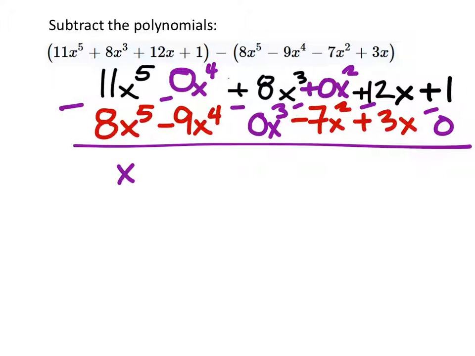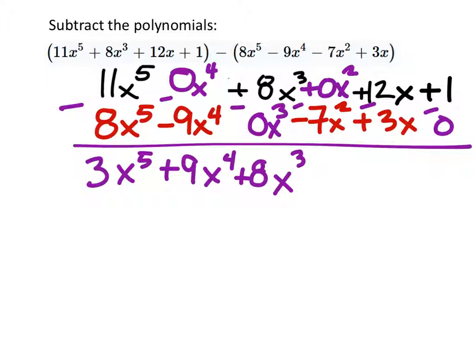So in x fifths, I've got 11 minus 8, which is 3. Now again, we're looking at this 0x to the 4th minus negative 9x to the 4th, which makes that a positive 9x to the 4th. 8x cubed minus 0x cubed would leave us with 8x cubes. And then once again, we got 0 minus negative 7 in x squareds, which makes that a positive 7x squared. 12x minus 3x, that's not too bad.